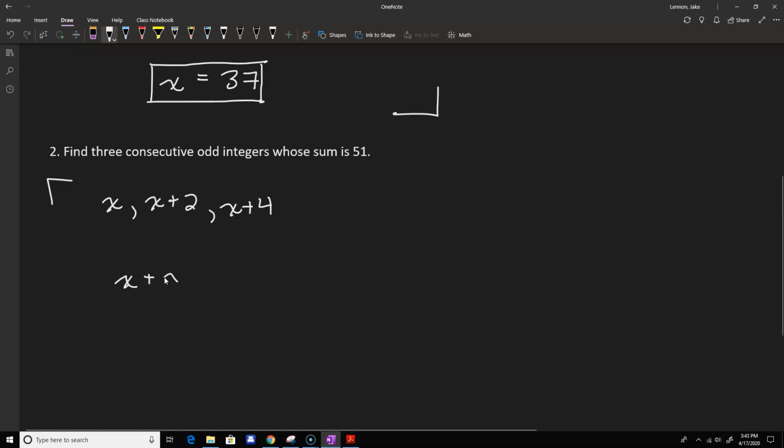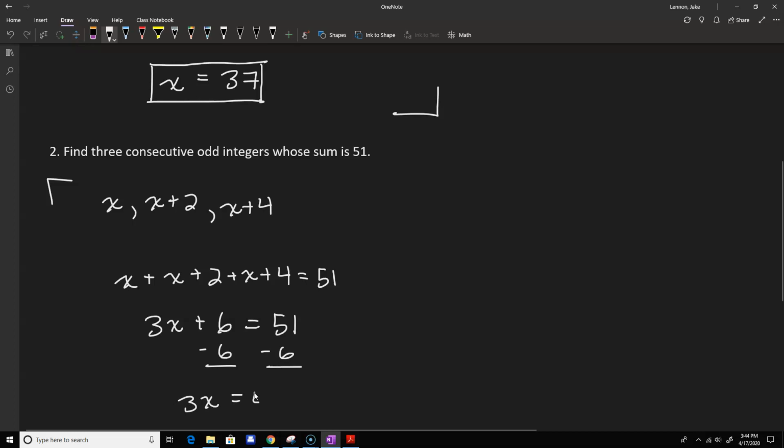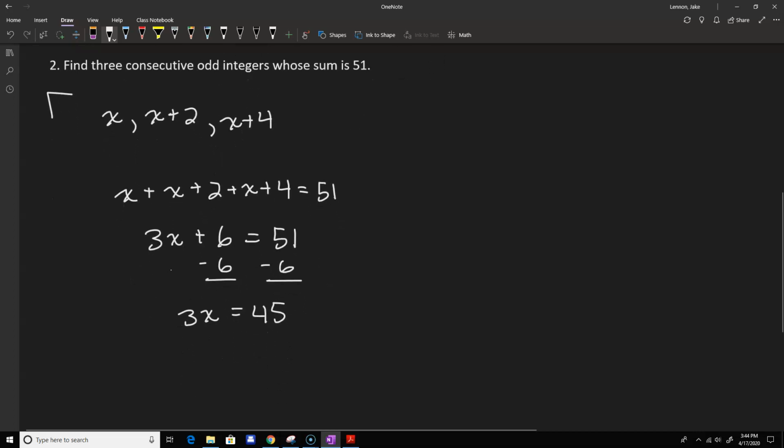So x plus x plus 2 plus x plus 4 equals 51. And then we just go ahead and simplify. So we have 3 x's, and 2 and 4 add to 6. This equals 51. So we go ahead and subtract 6. And we get 3x is equal to 45. And then we want to divide both sides by 3.